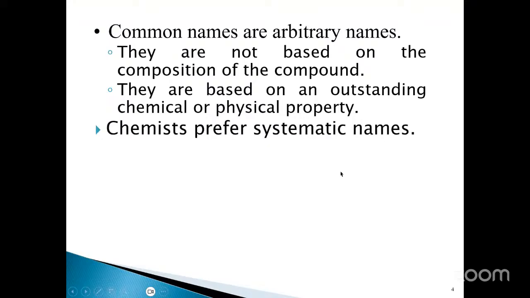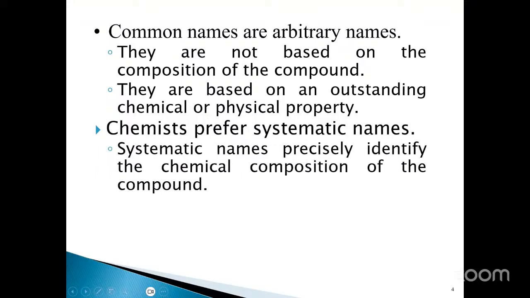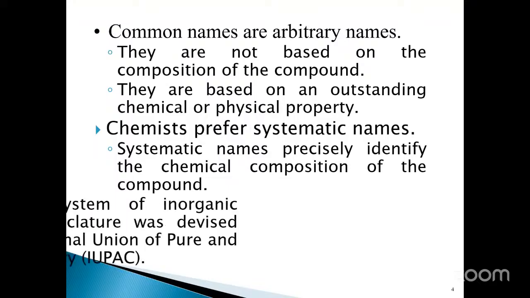So even though the common name might be a bit descriptive, it does not necessarily give any information about the actual composition of the substance. What would do that is what we call the systematic names. If you know the rules, the systematic names can help you determine the composition, the elements that make up that particular substance.